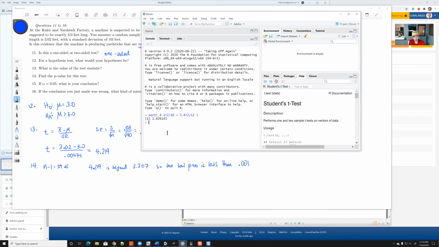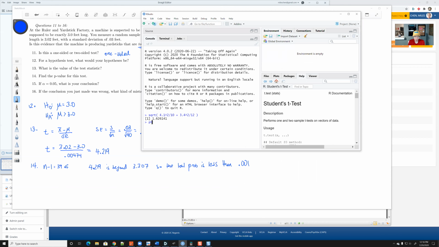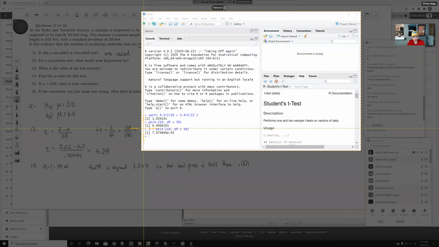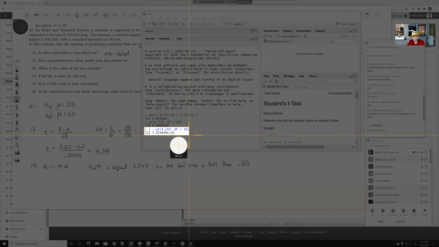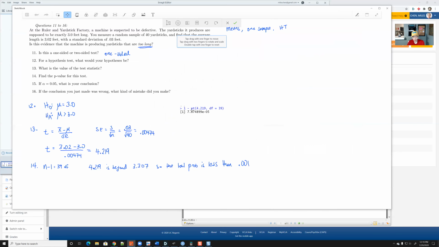Okay. Alternatively, I could come over here and ask for PT of 4.219 using df equal to 39. Okay. And it gives me this, so I can do 1 minus that. And it tells me it's 7.07 times 10 to the negative 5. Unfortunately, when it's really small, R produces it in scientific notation.